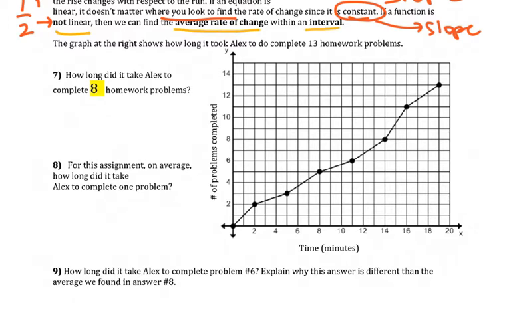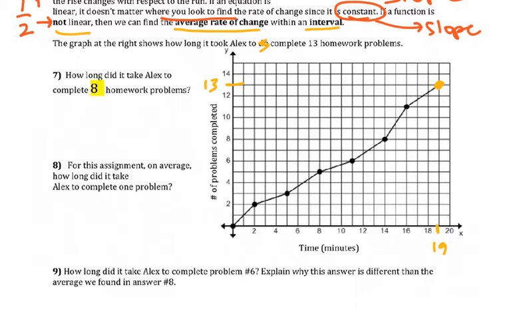Okay? This graph, I don't particularly like this graph too much because I feel like these two should be reversed. I feel like it's a little bit hard to read this graph because of that, but we're going to use it for this problem. It says the graph at the right shows how long it took Alex to complete 13 homework problems. So let's look at the graph a little bit. Here's the end of the homework assignment, and it took 19 minutes to do 13 homework problems.